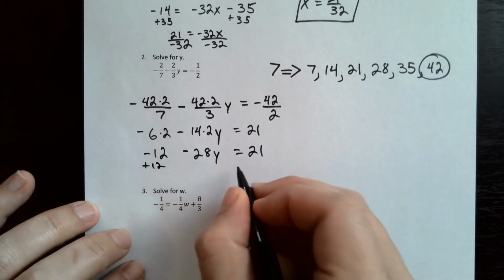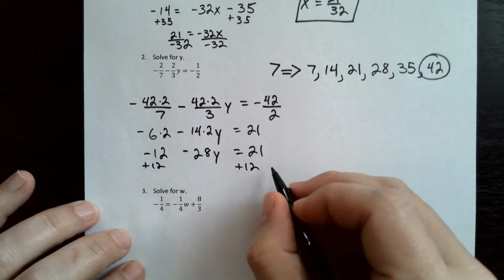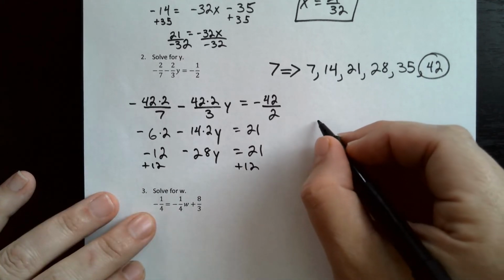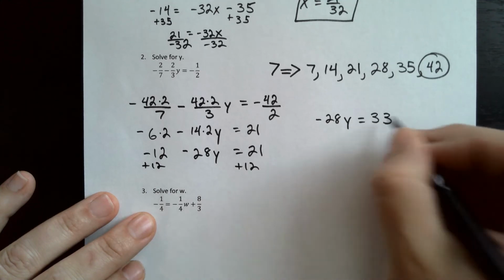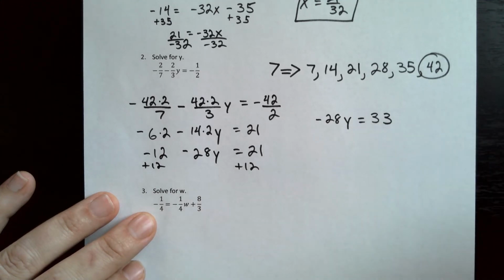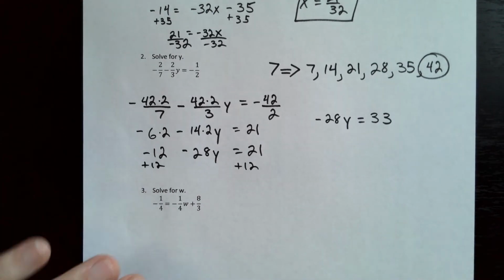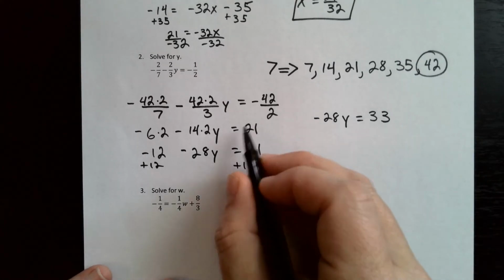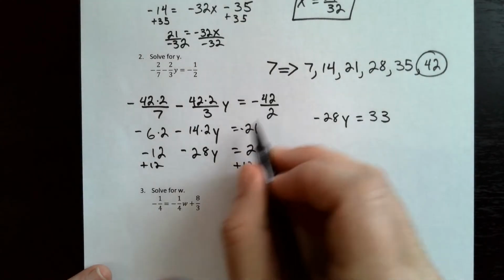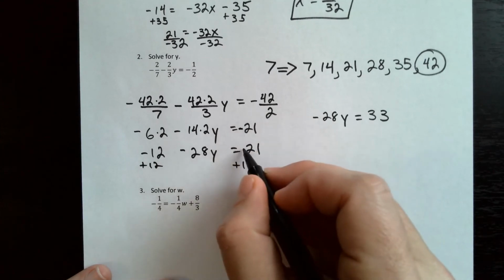Let's add the 12 to both sides. I'm running out of room, so let's go over here. Negative 28y is equal to 33. And then if I divide that, I made a slight error here. This should have been negative. Negative 42 divided by 2 is negative 21.